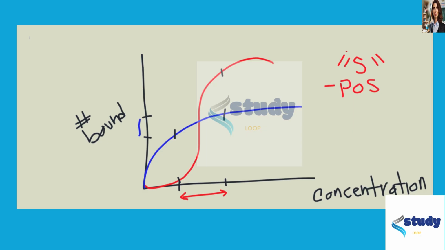Even though the concentration is increased, there's not much change in the number bound, whereas for our positive cooperativity the change was quite a bit more. That's really the major difference in the graph shapes.